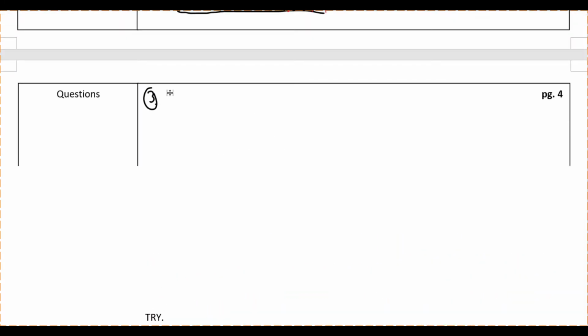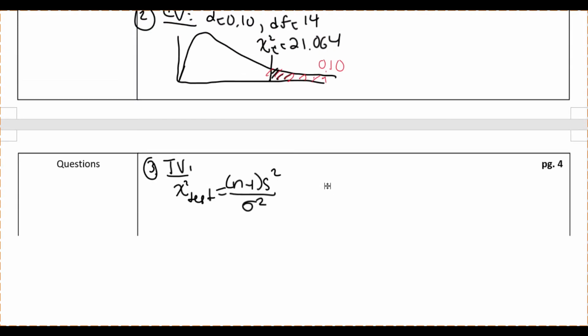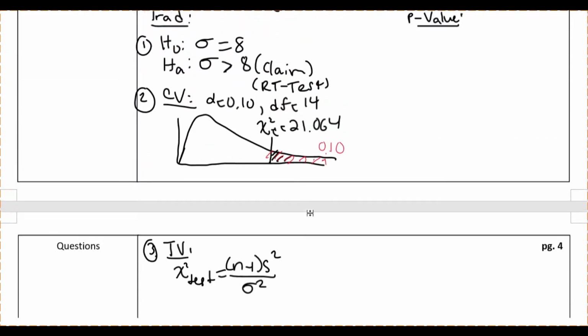we need to use the formula for the test value, which, if you recall, is chi-squared test, equal to n minus 1 times s squared over sigma squared. So what we need to do is plug in my n, s squared, and sigma squared.